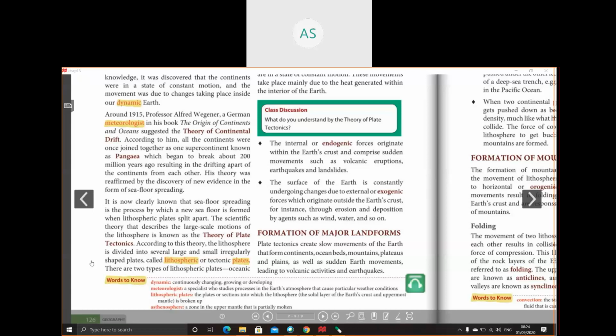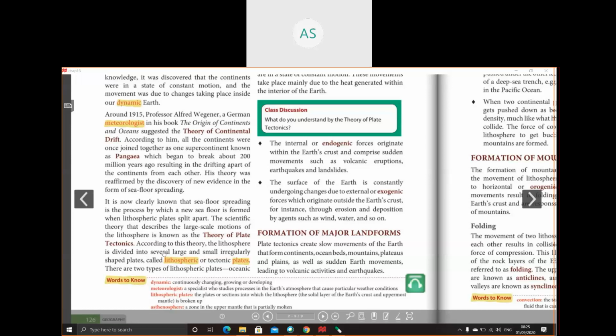First of all, in the next class I will show you how the Pangea begins and cracks. Okay, so now basically we will move on to the tectonic plates, or theory of plate tectonics.